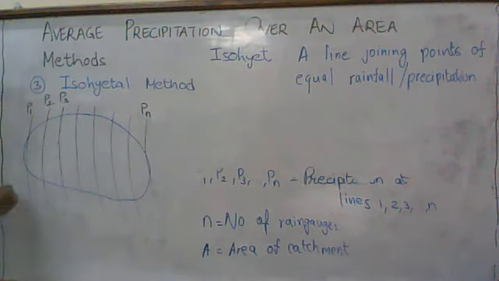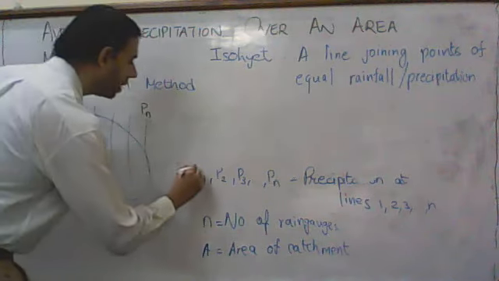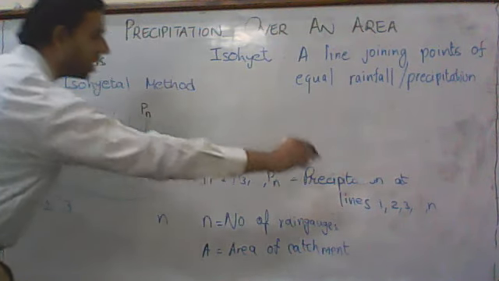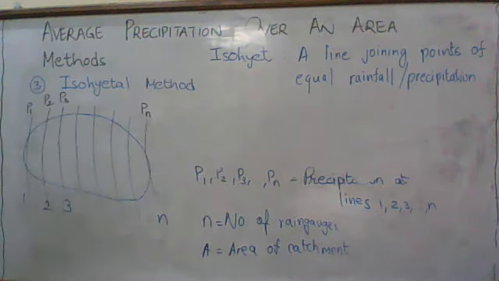See, suppose this is line 1, this is line 2, this is line 3 and it goes till line n. So at line 1, suppose the precipitation is P1. At line 2, precipitation is P2. Line 3, it is P3. Okay, so P1, P2, P3, Pn are the precipitation at lines 1, 2, 3 and n respectively.